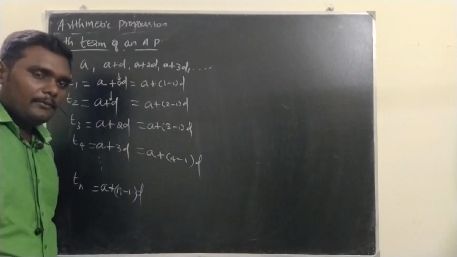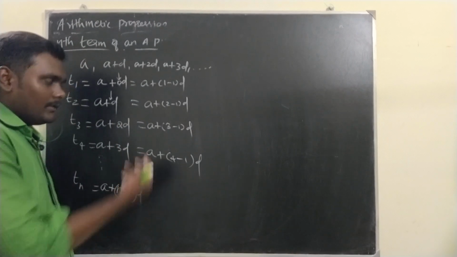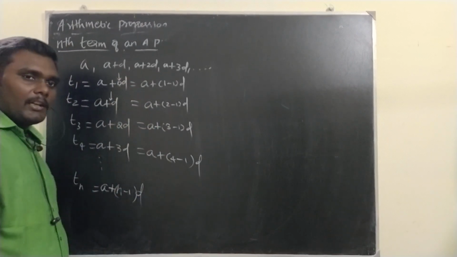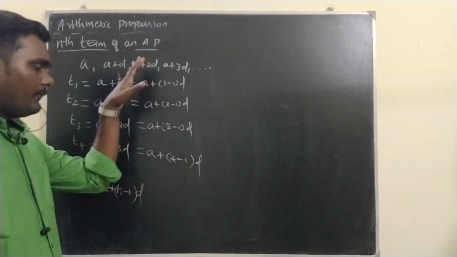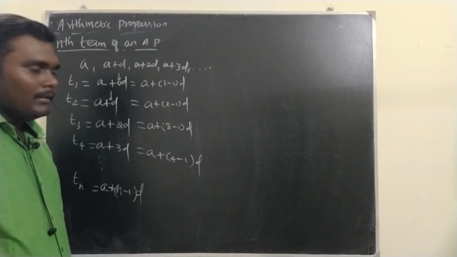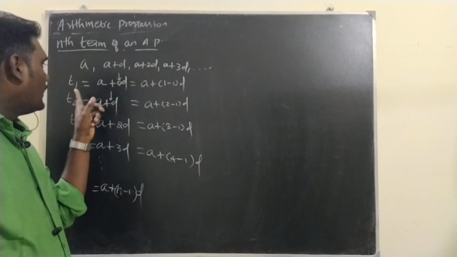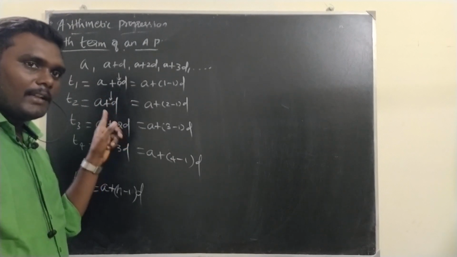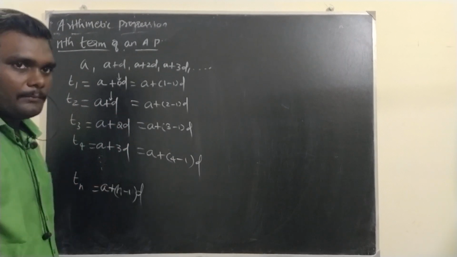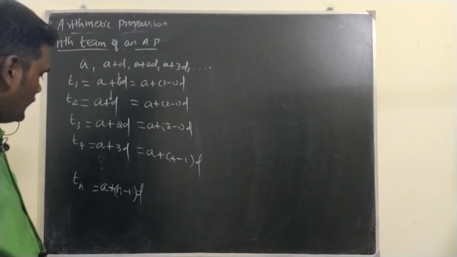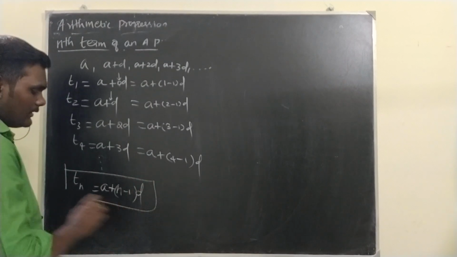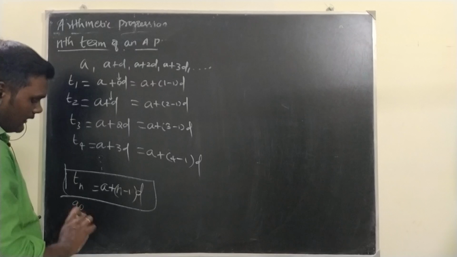Not only this, whenever you need to find a pattern, this is how you need to find. We will say what is fixed in all the terms, and then what is varying here and here, that you have to notice and relate with the term number. Got it? So this is called the nth term of an AP, or else the general term.